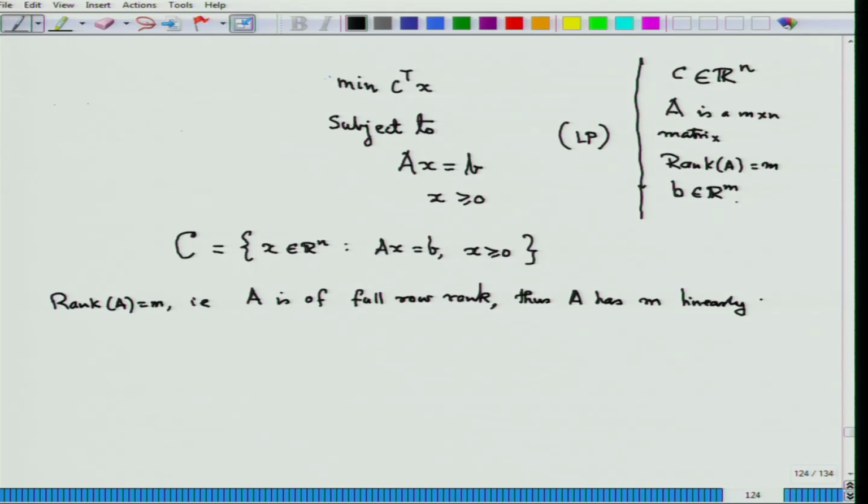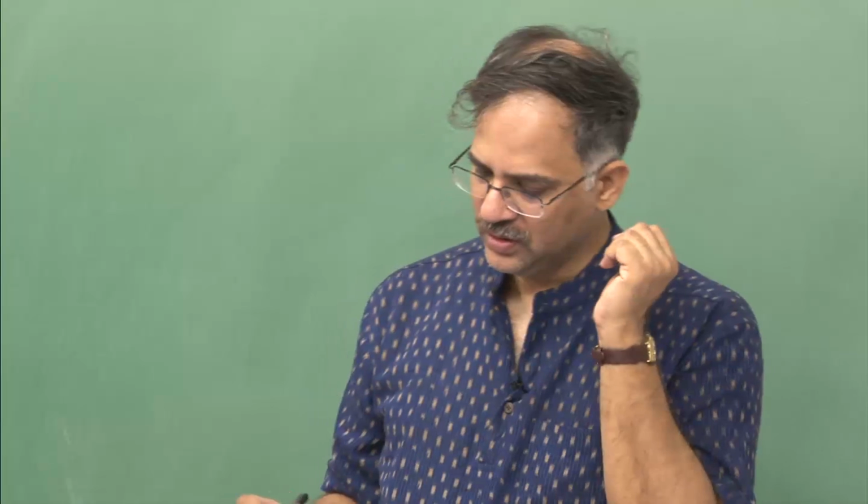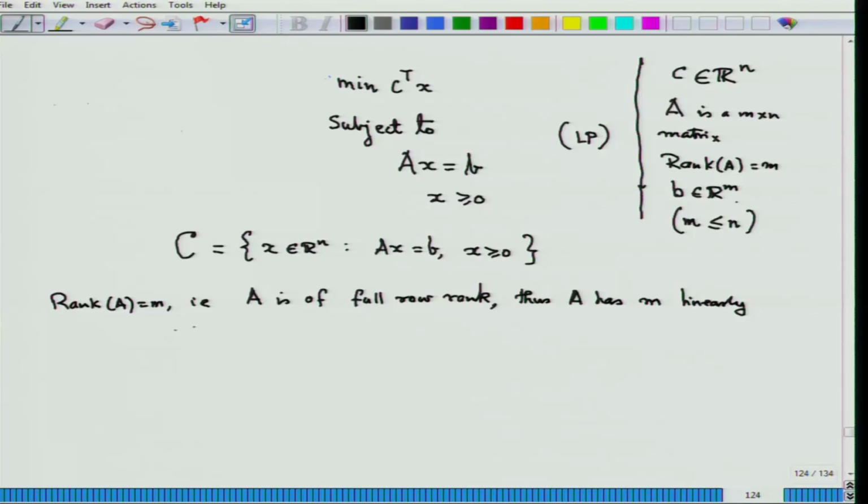Of course, m is less than or equal to n. This is quite standard, because the maximum number of linearly independent vectors that you can have in n-space R^n is n.